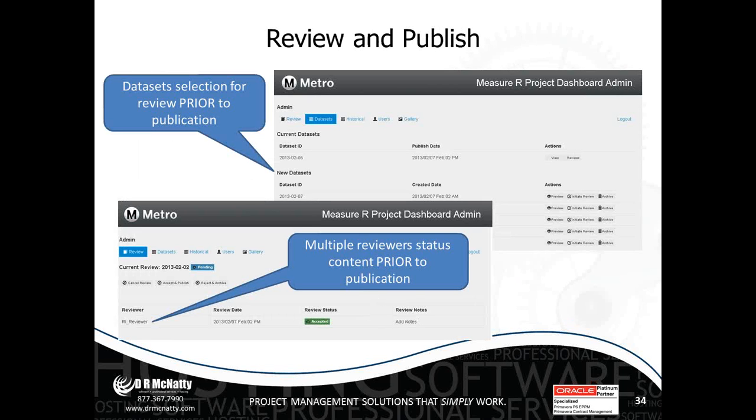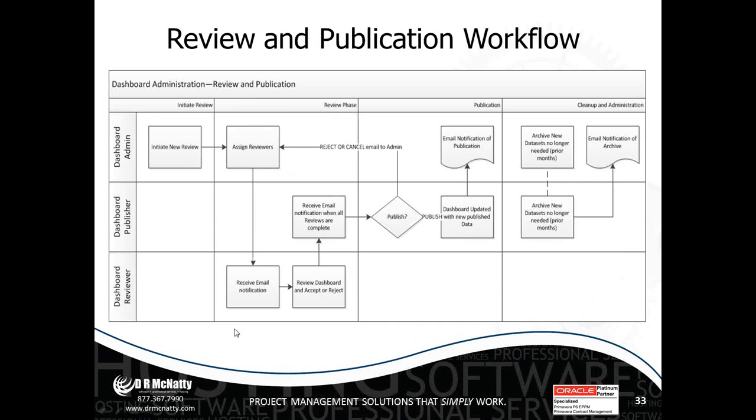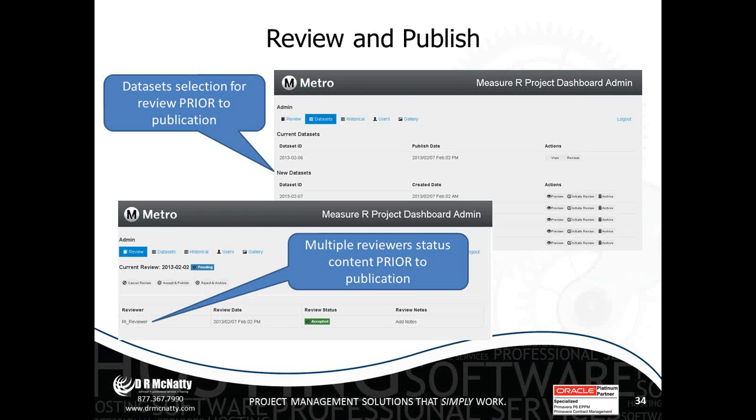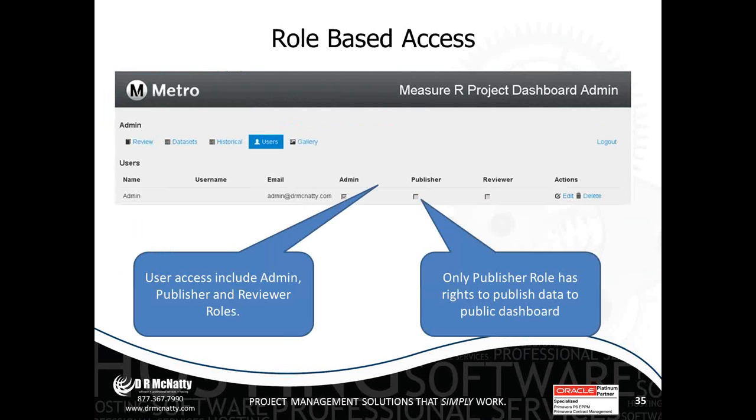In the administration side of the tool, I could have multiple data sets that have not been published yet, but that are available for review. We can initiate the review. You can have multiple reviewers, and you can set up the rules as to what each reviewer is able to see or do.